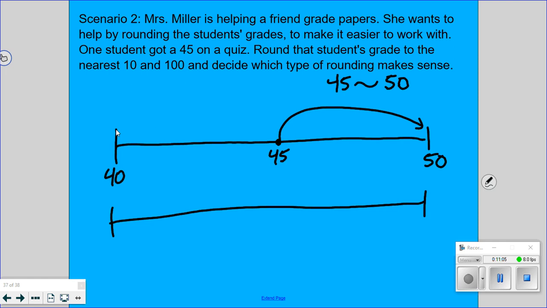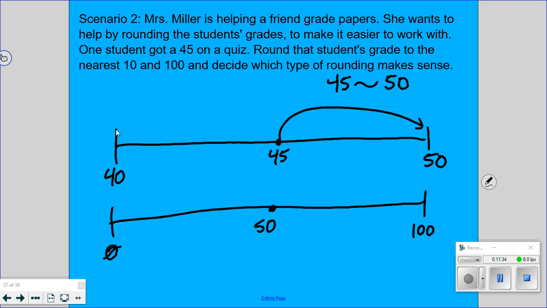Yes? Yes. All right, let's talk about our endpoints rounding to the nearest 100. What are going to be our endpoints when we're rounding to the nearest 100? Carl? 0 to 100. What's my midpoint? Bryson? 50.